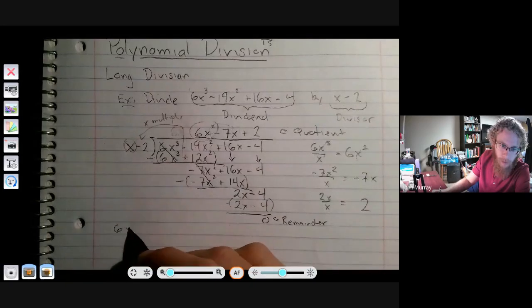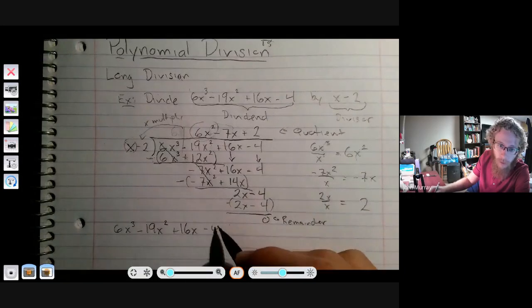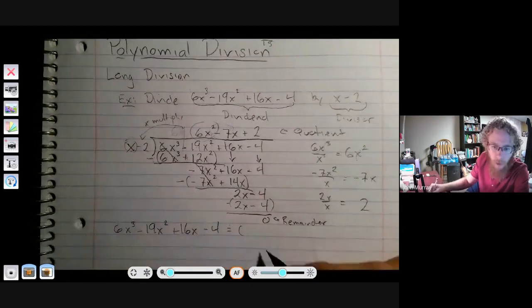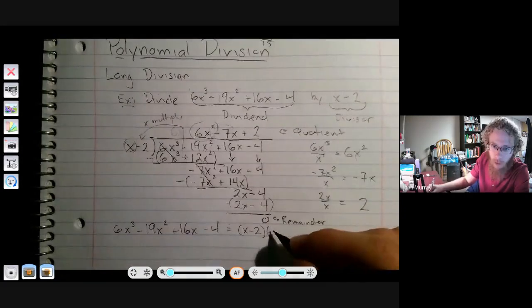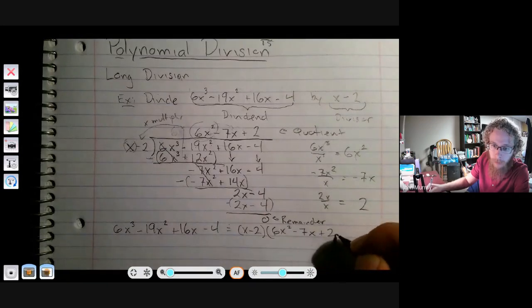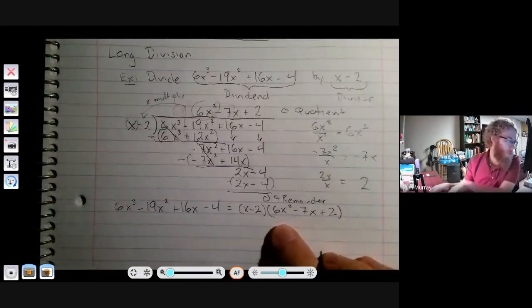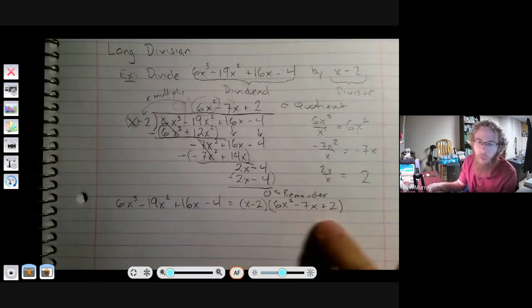I can say that 6x cubed minus 19x squared plus 16x minus 4 is equal to the divisor times the quotient. And now that this is just a quadratic trinomial, I can factor this part.